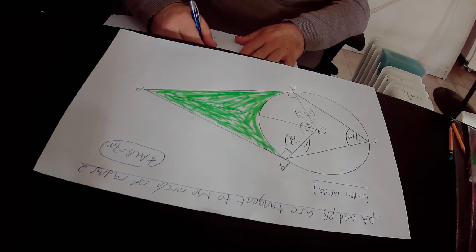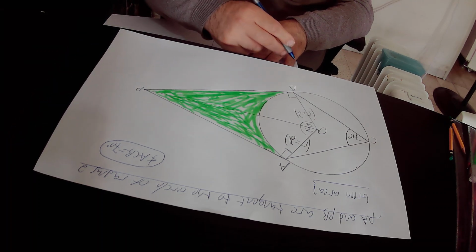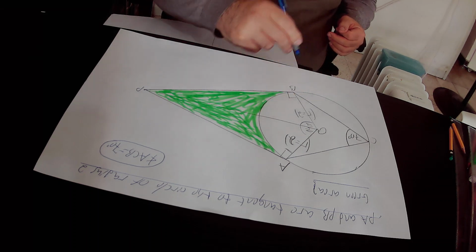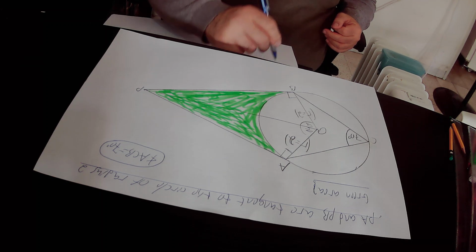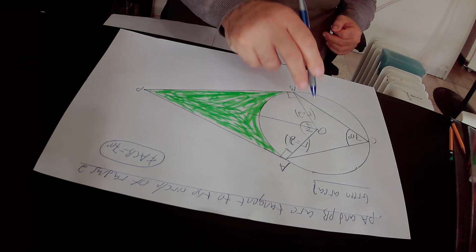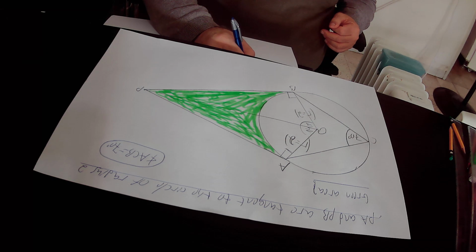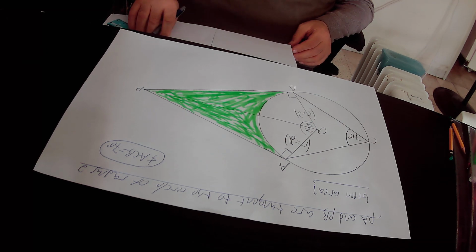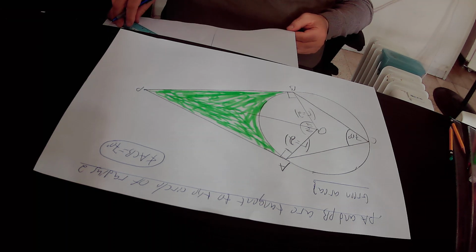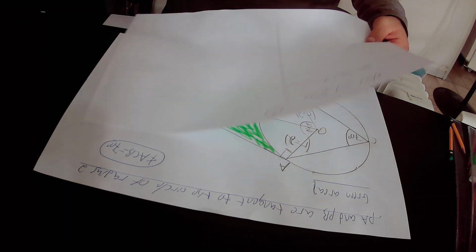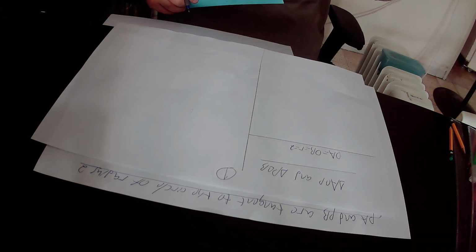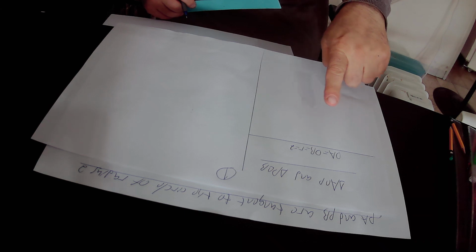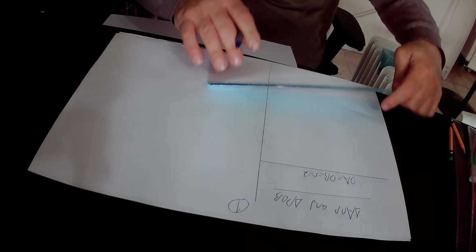So side OA of the right upper triangle equals side OB of the right lower triangle. Repeat again, OA equals OB, they are both the radii of the circle, that is equal to 2 units, therefore they are equal to each other.